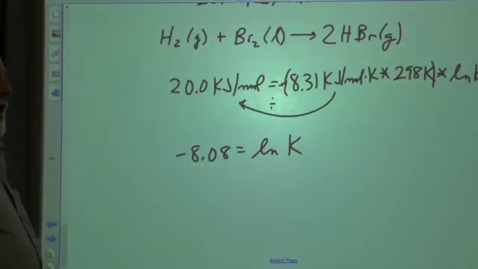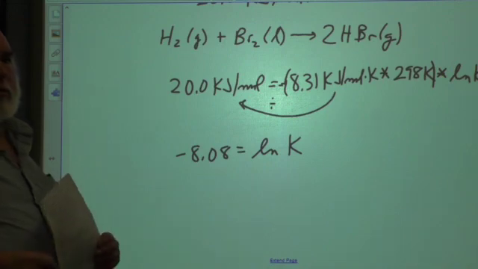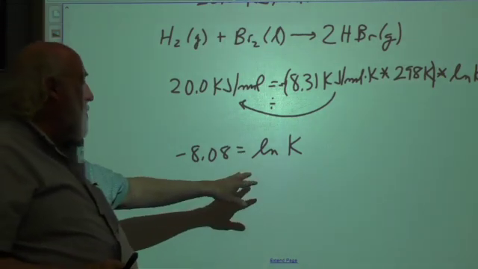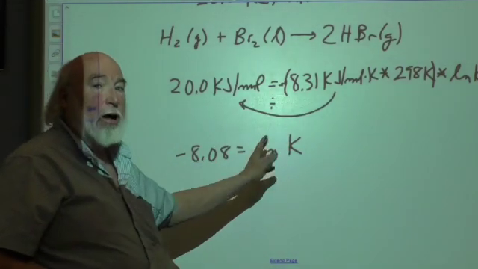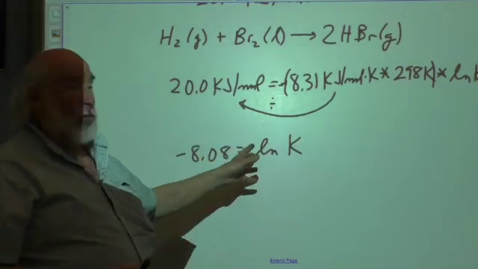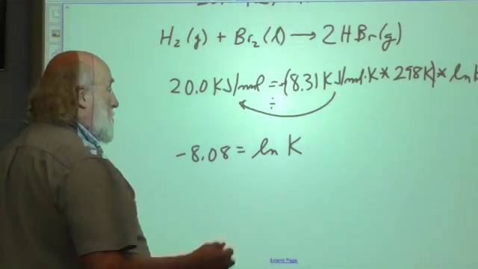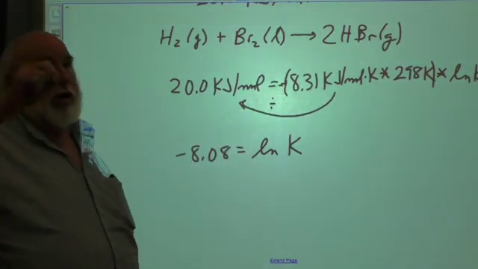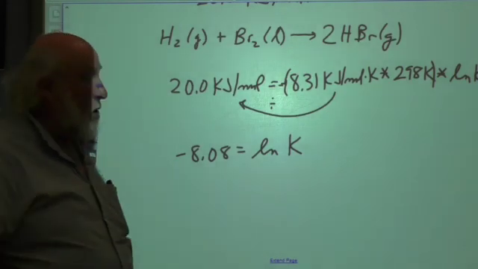Now, I don't know how much you remember from your logarithm chapter in Algebra 2 or Pre-Calc, but this is not ln times K, this is a function, the natural log of K. So we need to get rid of the natural log, and so we have to do the inverse of the natural log. The natural log is the logarithm base e, known as Euler's number or the natural number.